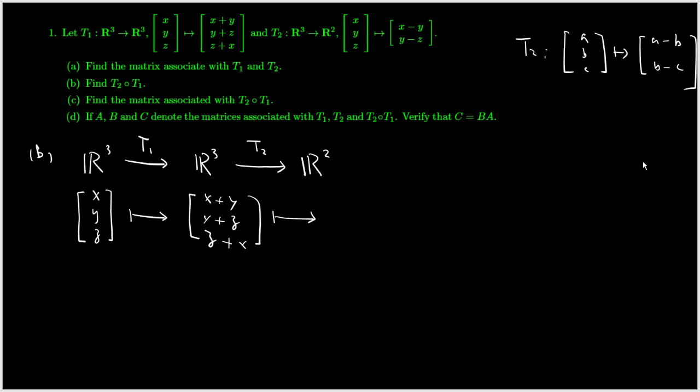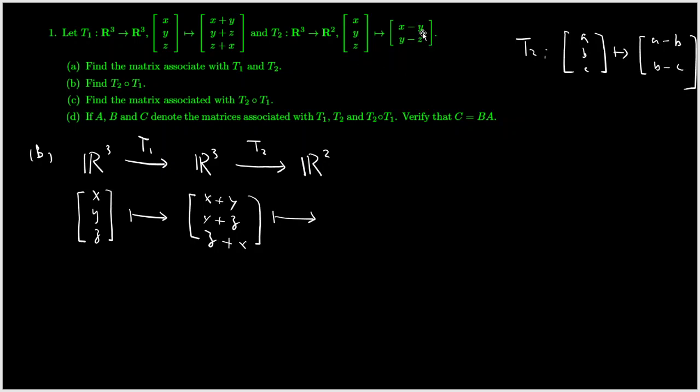The second way to see that is how to interpret T2 in terms of components, so do not use x, y, and z. You listen to me carefully. Under T2, the first component in the output is the difference between the first two components in the input.